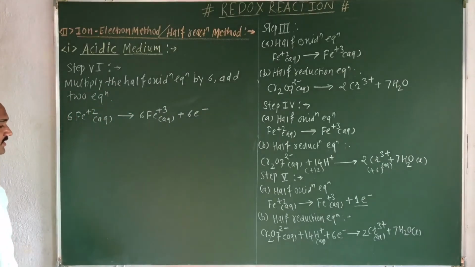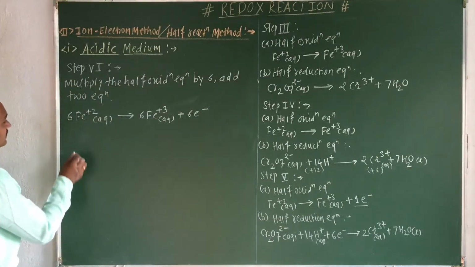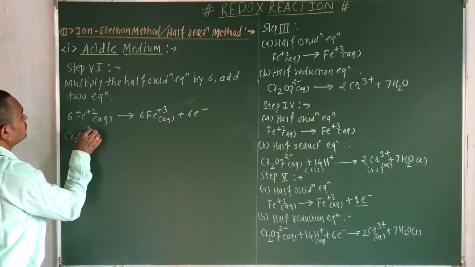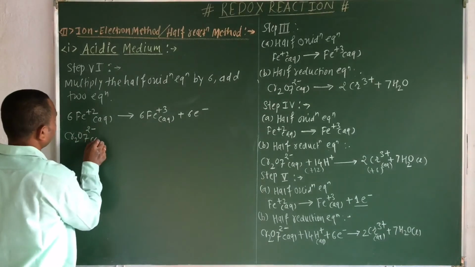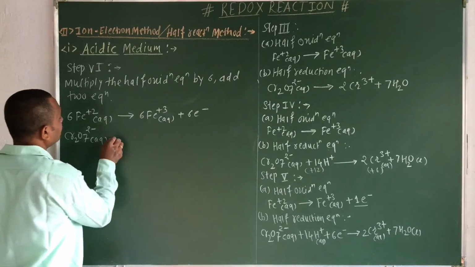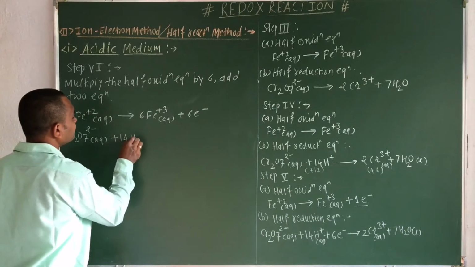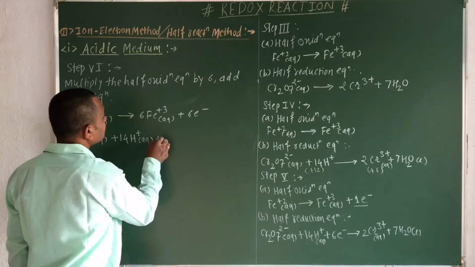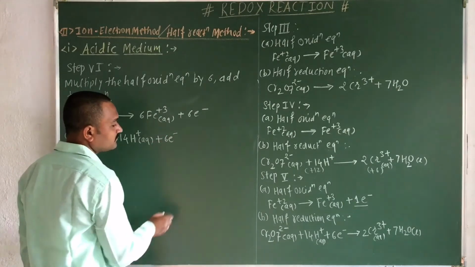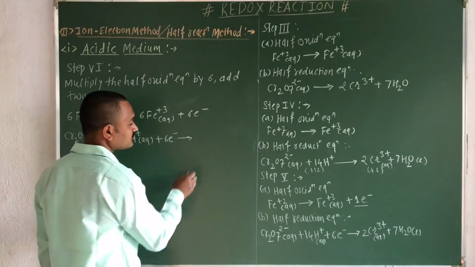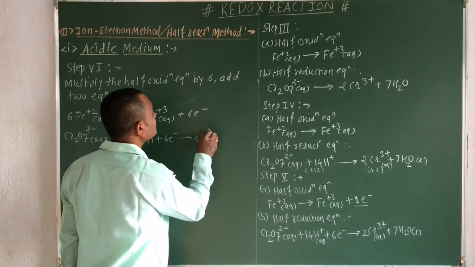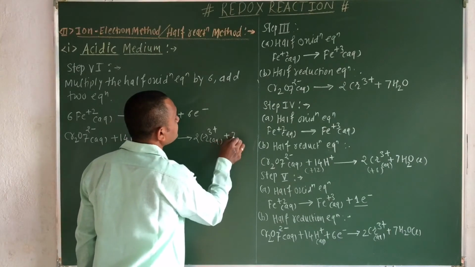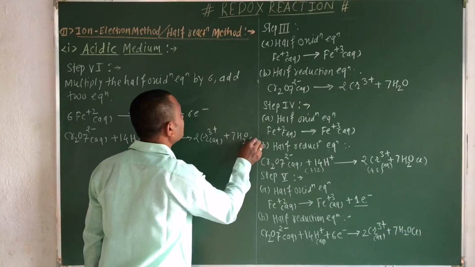And then we are going to take this equation, that is Cr2O7 2 minus aqueous plus 14 H plus aqueous plus 6 electrons gives 2 Cr plus 3 aqueous plus 7 H2O liquid.